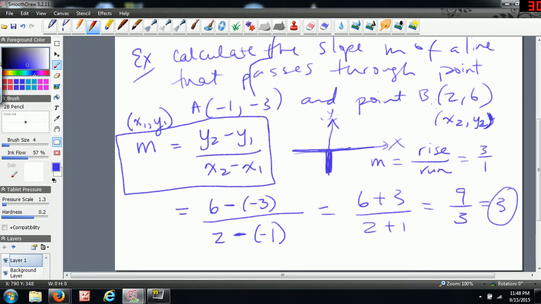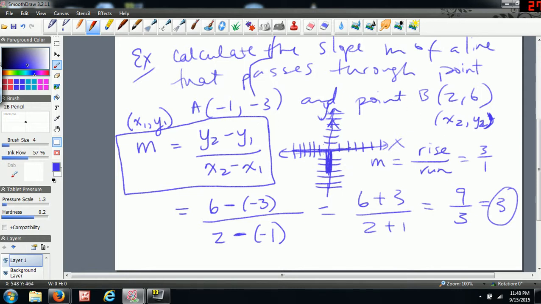Okay, so 1, 2, 3, 4, 5, 6, and the same going down. That's going to go up, y. 1, 2, 3, 4, 5, 6, and the same on the other side.